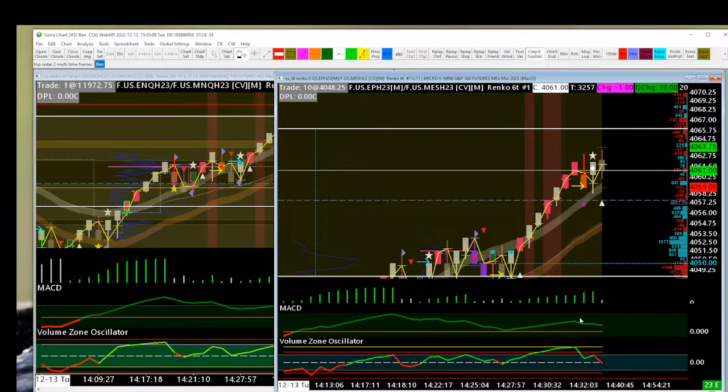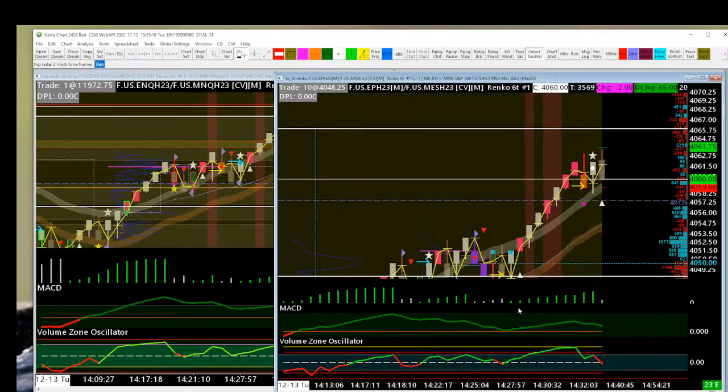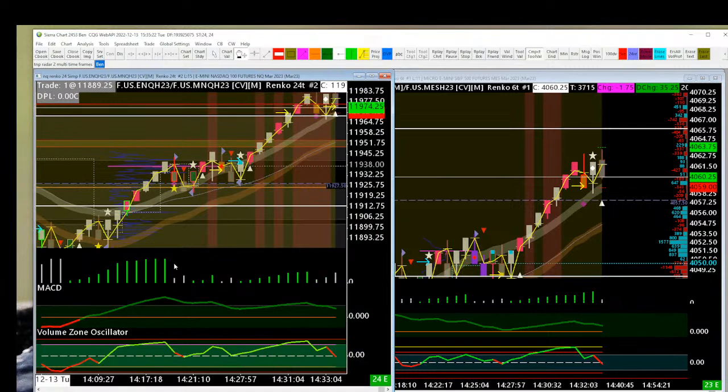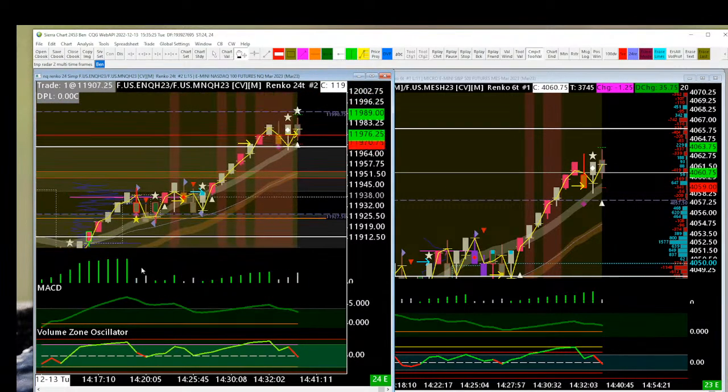There is divergence on this high, on the MACD histogram, which looks like a line, but it's actually the histogram, and volume. See how there's more volume on this impulse move up than this one? These bars are bigger. That's a problem if they reverse here. Same thing on NQ. And divergence here too.